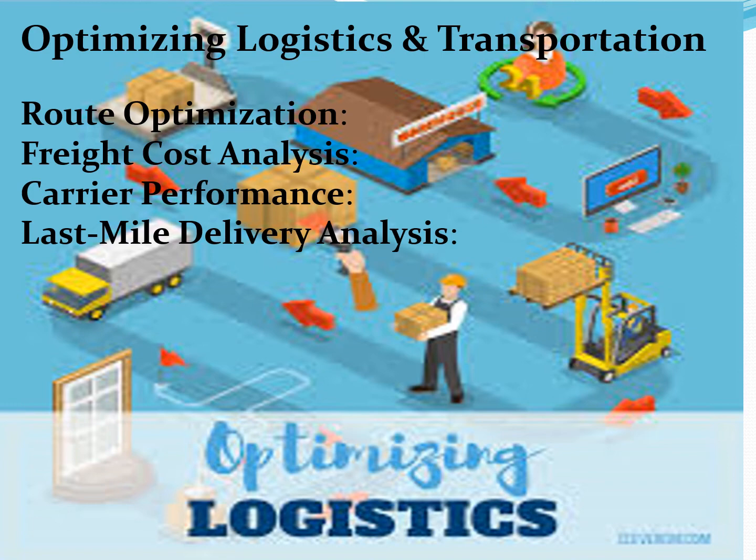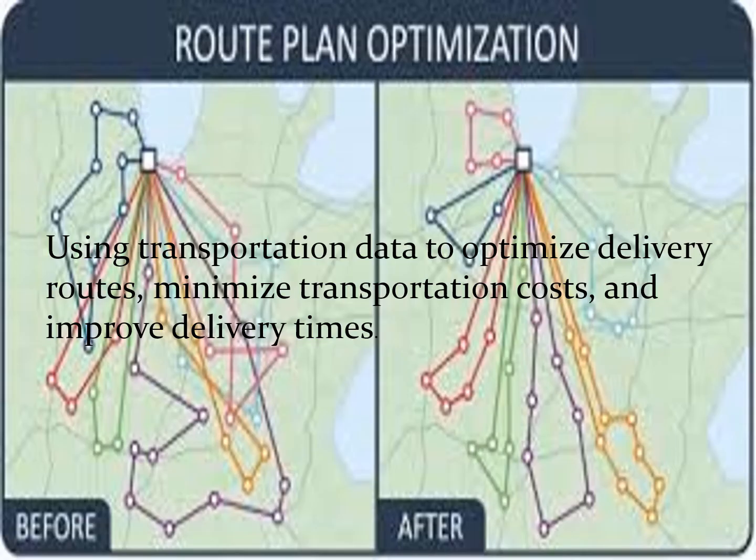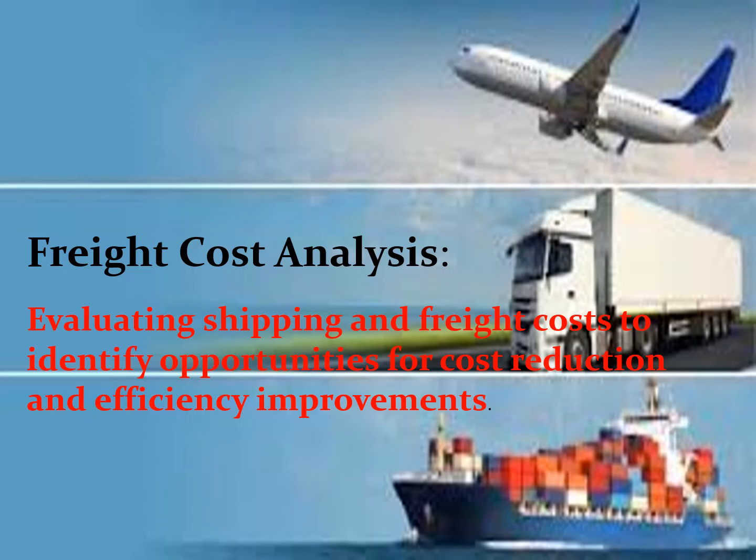In route optimization, they use the transportation data to optimize delivery routes, minimize transportation cost, and improve delivery times. In freight cost analysis, they evaluate shipping and freight cost to identify opportunity for cost reduction and efficiency improvements.